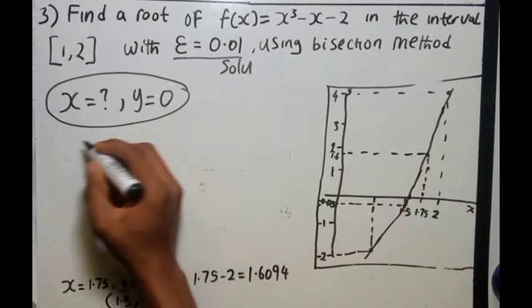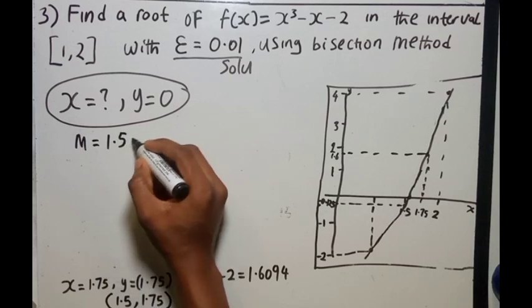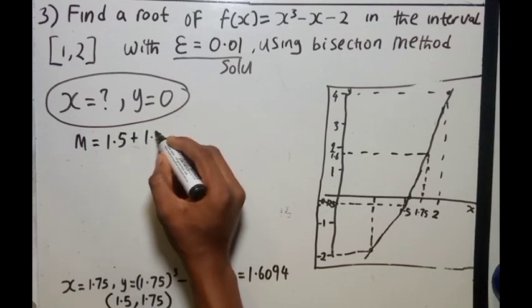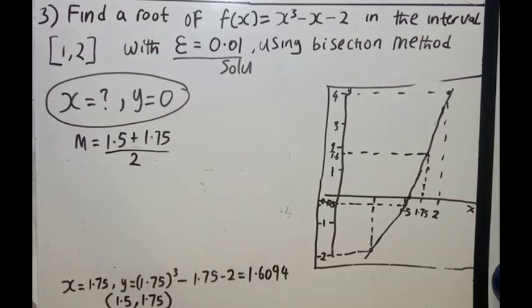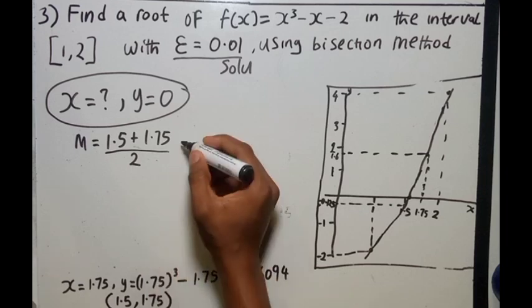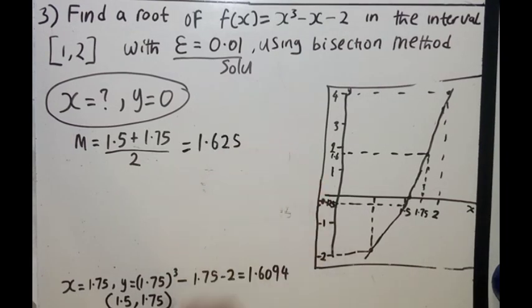So I'm finding the midpoint. We have our midpoint to be 1.5 plus 1.75 over 2. Now the midpoint of that will be 1.625.